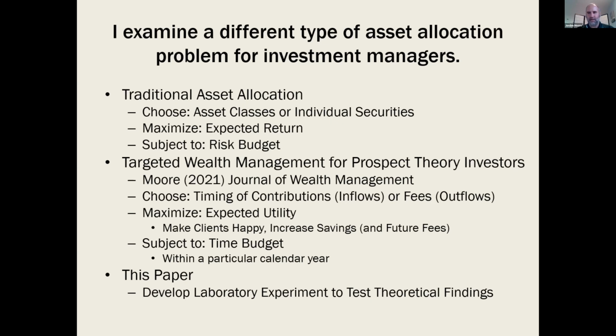For example, a manager charges a 1% fee over a calendar year. Instead of charging that fee equally every month or quarter, they can choose when in that year to charge the fee. We'll talk about how this fits in with prospect theory, but the idea is that when you charge the fee will influence the subjective utility of the investor.